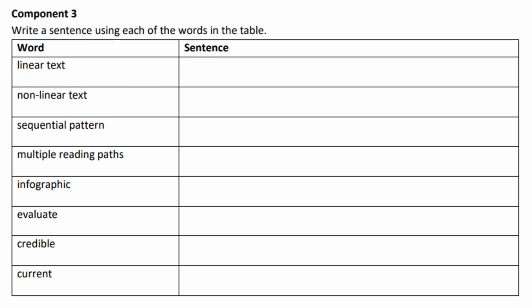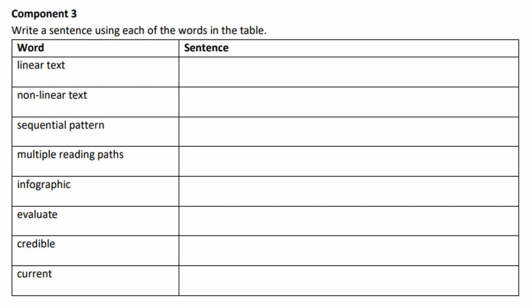Let's read them. We have linear text, non-linear text, sequential pattern, multiple reading path, infographic, evaluate, credible, and current.